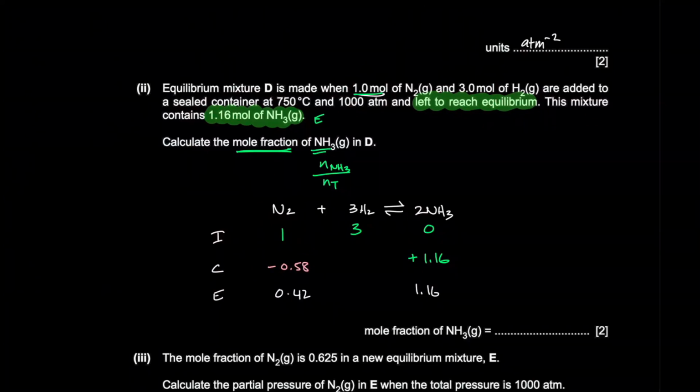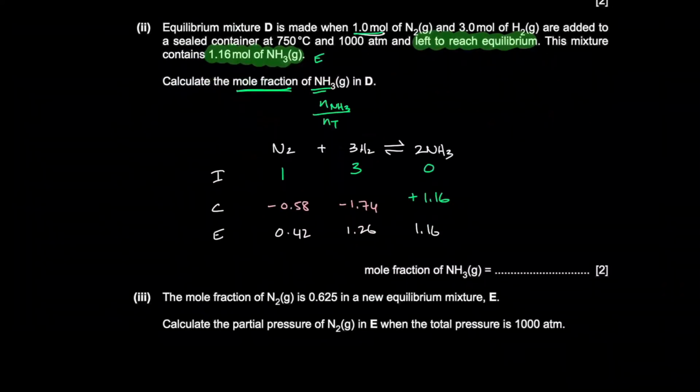Right? And then for hydrogen, you have a 1-to-3 ratio. So if 0.58 of this are reacting, you have 3 times the number of moles of hydrogen reacting, right? So then that would be 1.74. So minus 1.74, that's the moles that are reacting. Again, negative because they're decreasing, they're reacting. And you get 1.26, right?